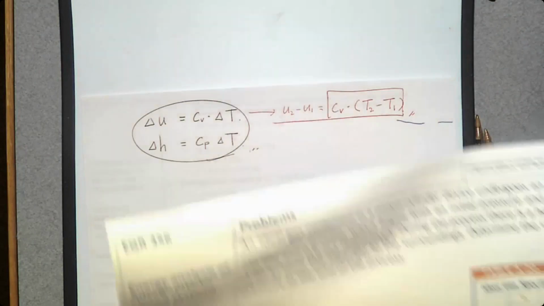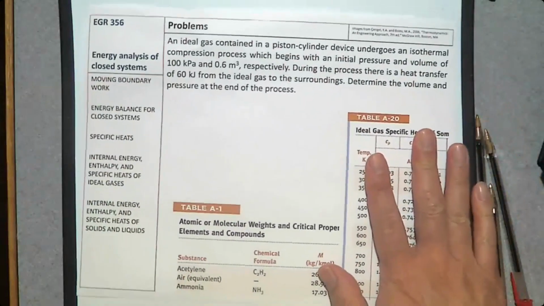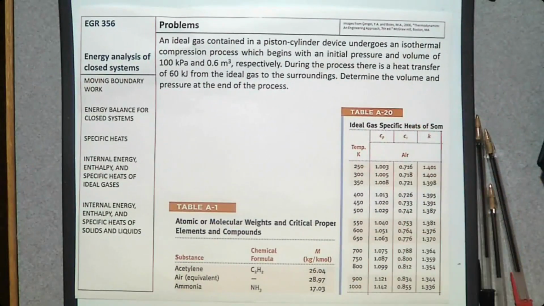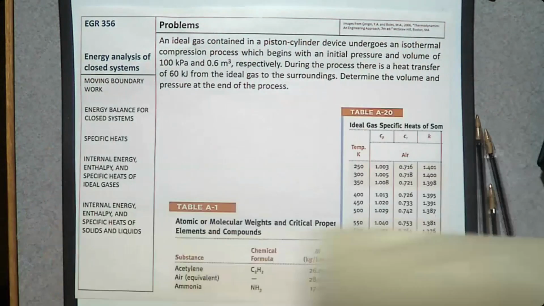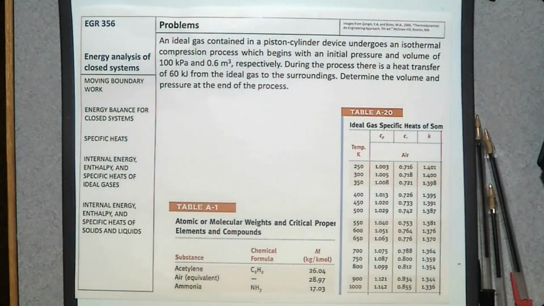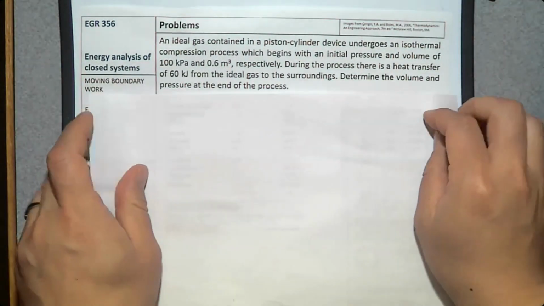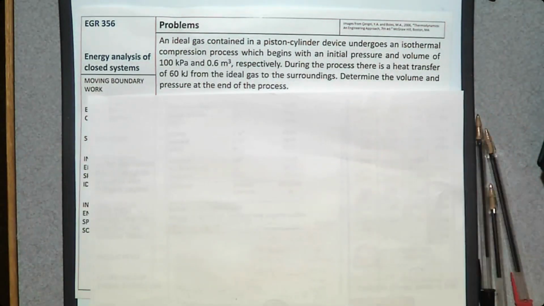We have one more example. An ideal gas contained in a piston cylinder device undergoes an isothermal compression process, which begins with an initial pressure and volume.